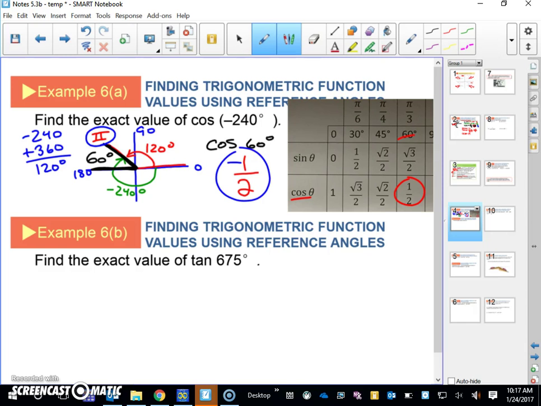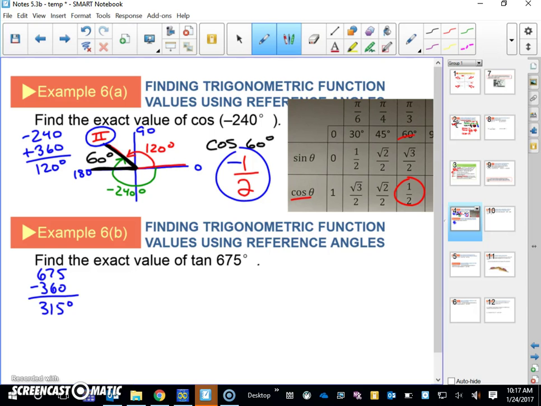Example 6b, find the exact value of tangent 675. Well, again, 675 is kind of big and hard to visualize. So let's subtract 360. Let's find that least positive coterminal. Subtract 360 and you get 315. We're looking for a number in between 0 and 360 for us to understand it the best.